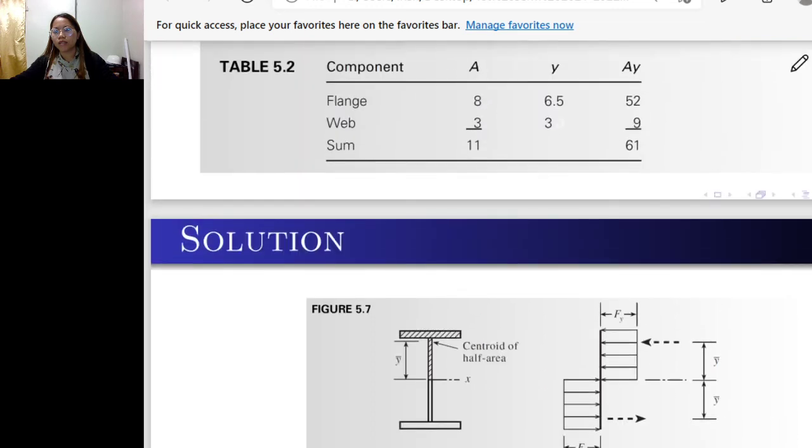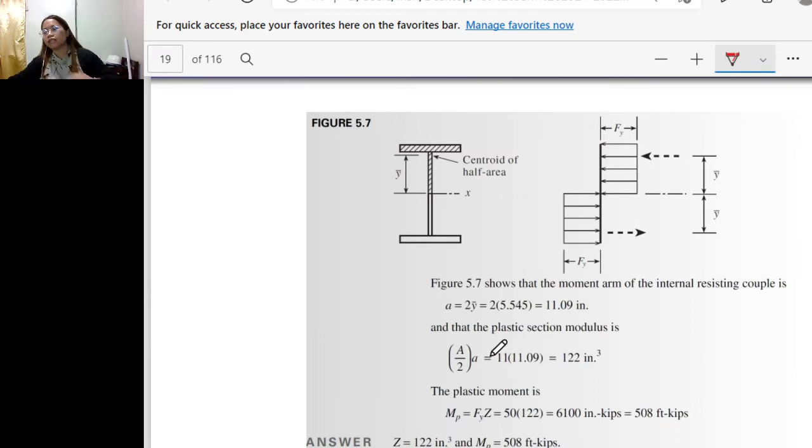Half of the total area times the distance from the centroid of the tension side to the compression side, equal to twice of this centroid from the neutral axis, I mean, from the neutral axis to the centroid of the upper or lower tension section of the steel. So the plastic section modulus is equal to 122 cubic inch.